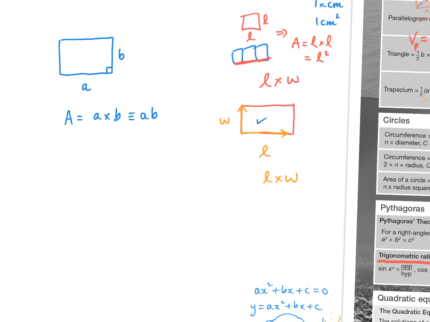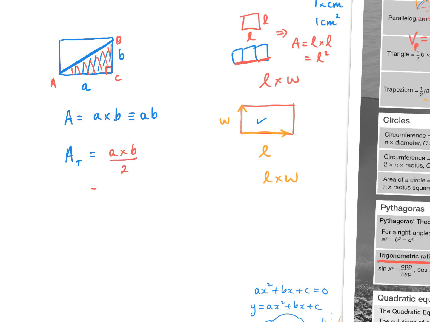But if I wanted to create a right angle triangle, then if I wanted the area of one of these, I would just have to halve it, wouldn't I? Because you can see here that I'm cutting the rectangle exactly in half. So if I wanted the area of the triangle, and if I label that A, B, C in this case, as long as it's a right angle, I'm just going to have A times B, which is the whole rectangle, but then halve it. Okay?